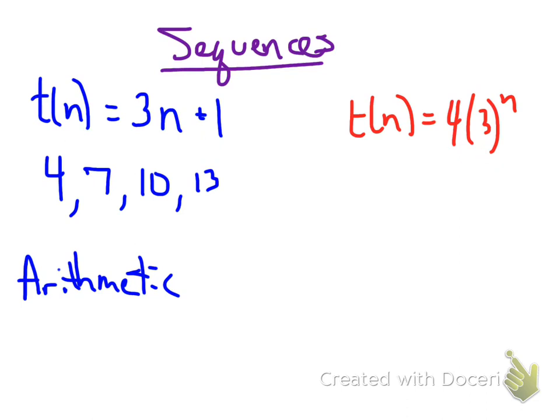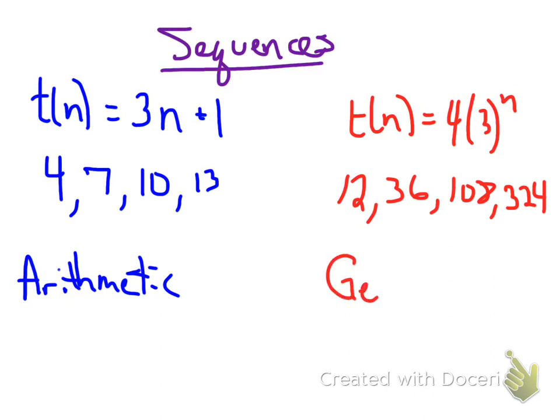So a 0 term of 4, multiplier of 3, term number 1 is multiplying those together to get 12. My multiplier is 3, so I take 12 times 3. And then I take 36 times 3. And then I take 108 times 3. And those are my first 4 terms.